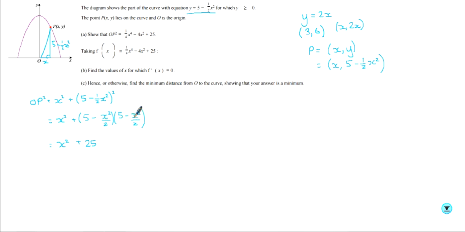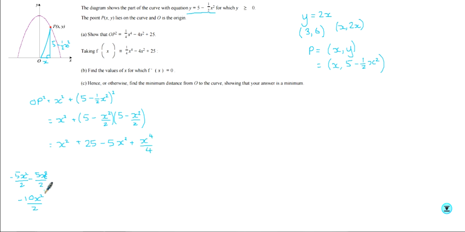Take away another 5 of those. If you just think for a minute, so if we've got that, take away that again, the denominators are the same, so we're actually going to get minus 10x squared over 2, which is the same as minus 5x squared. And if we multiply these together, we're going to get x to the power 4 over 4.